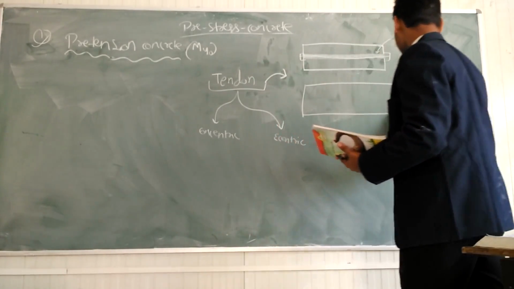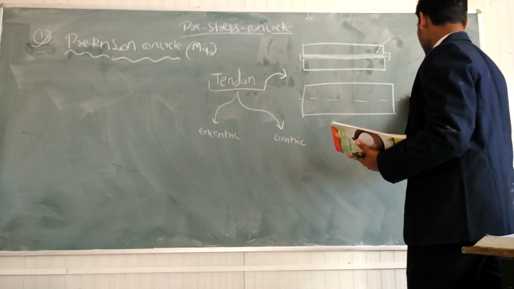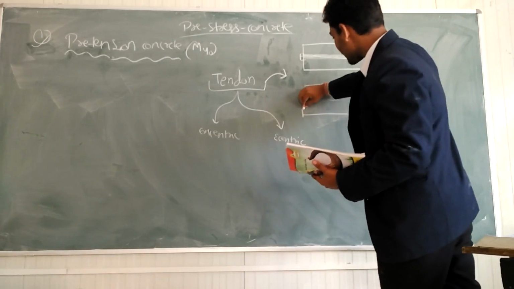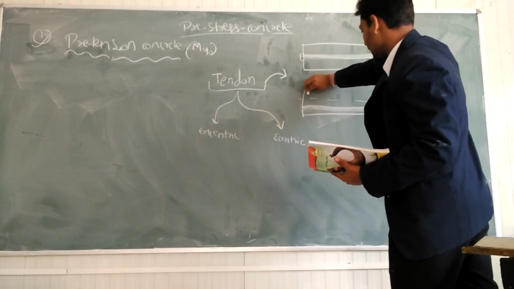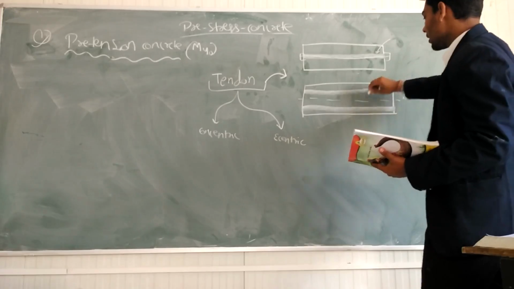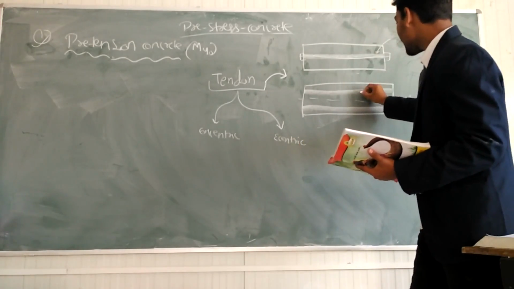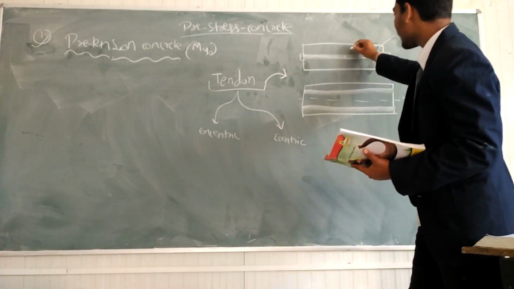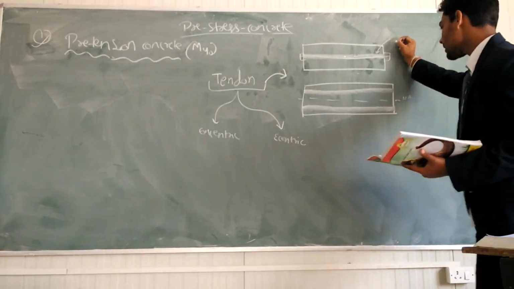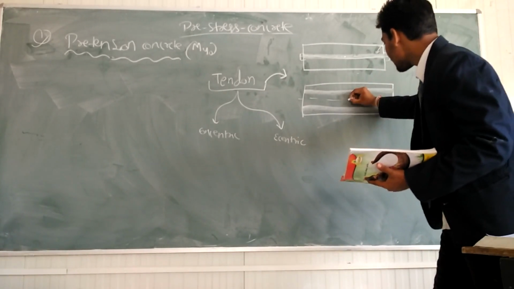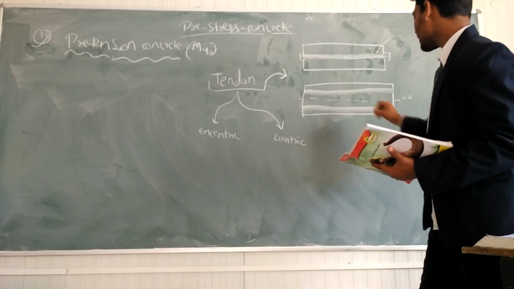Suppose this is the neutral axis. If we provide the tendon below the neutral axis or above the neutral axis, but not in the neutral axis, not at the center of gravity, it is an eccentric tendon. If the tendon passes through the center of gravity of the structure, it is called the concentric tendon. But if it does not pass through the center of gravity, then it is called the eccentric tendon.